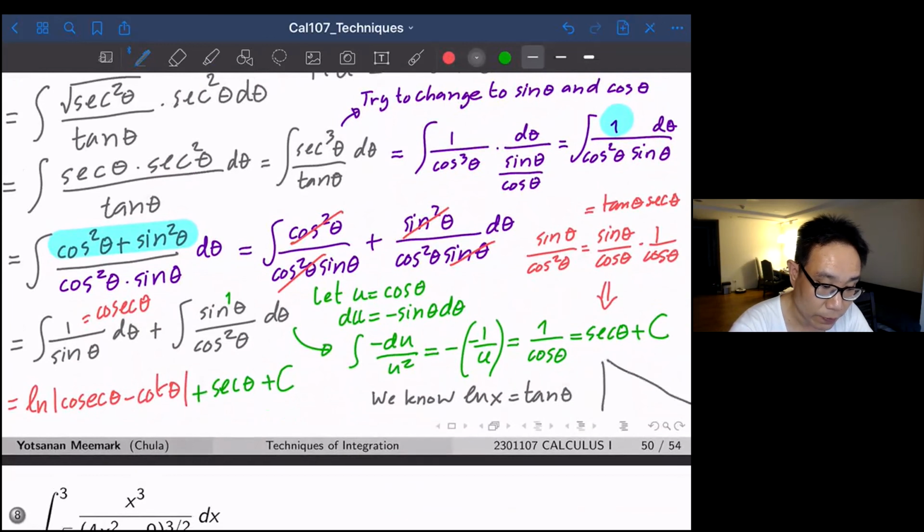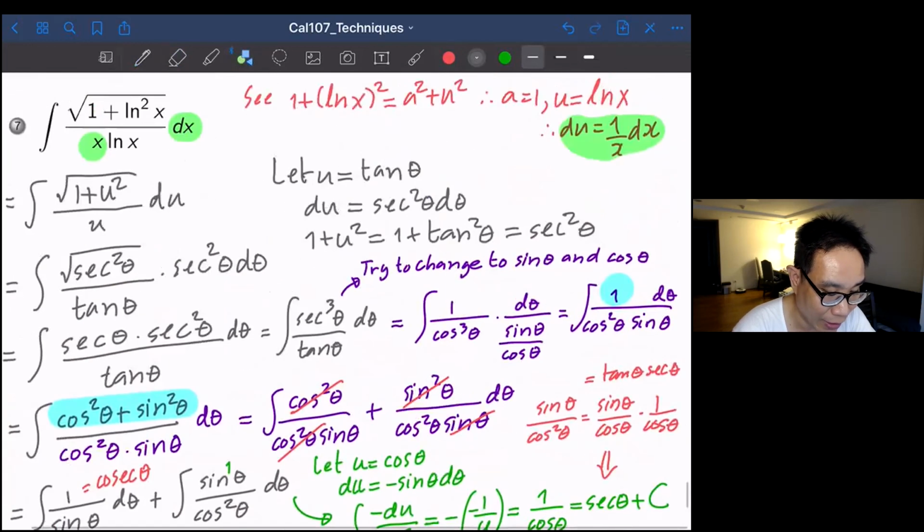So this one will give you a right triangle like this. It's at the margin, so I may not be able to control it nicely.